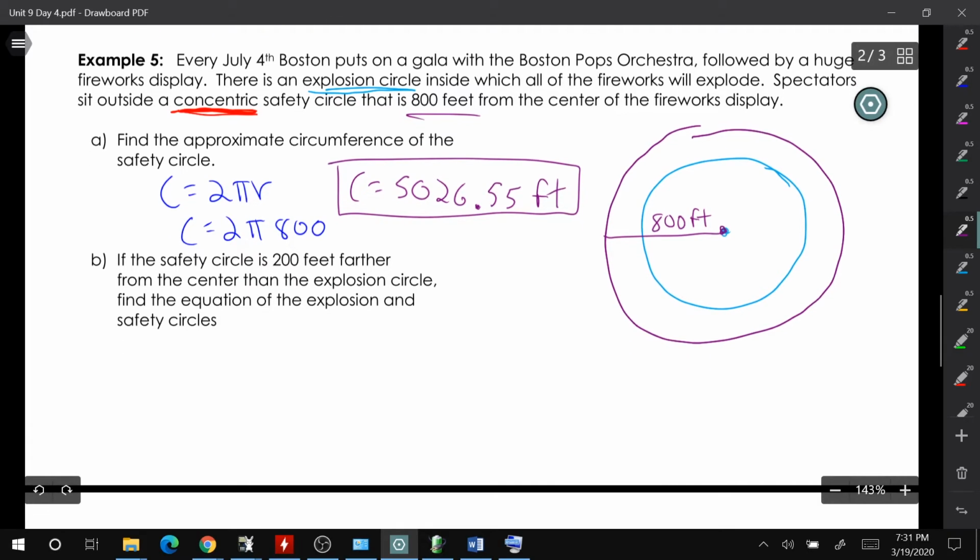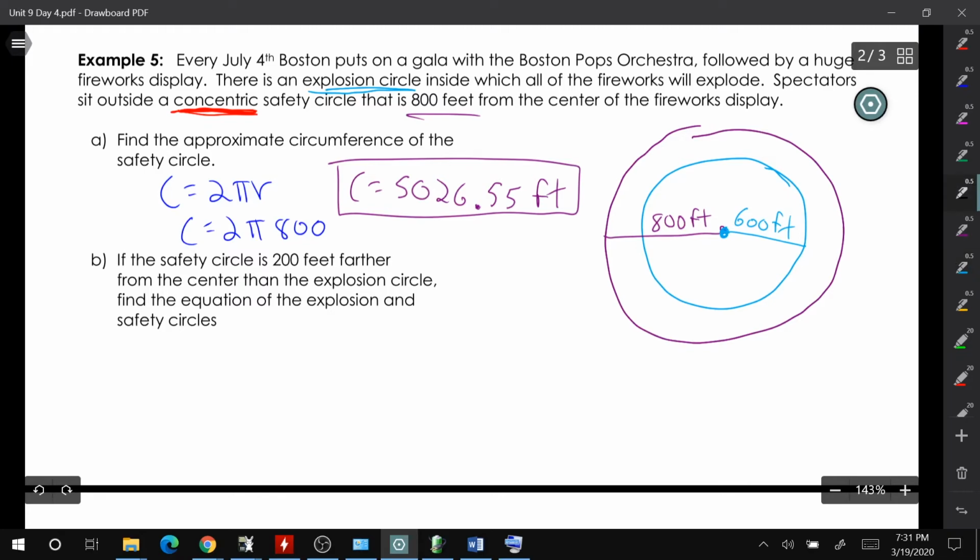Now, letter B says if the safety circle is 200 feet farther from the center than the explosion circle, find the equation of the explosion and safety circles. So the safety circle is 200 feet further out. That means the radius of the explosion circle is 600 feet.